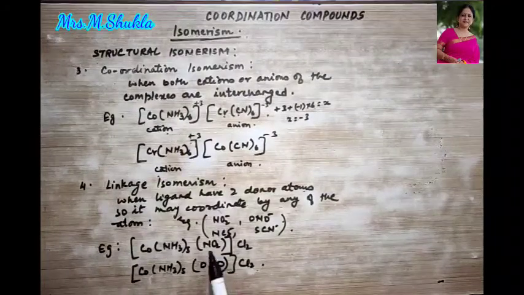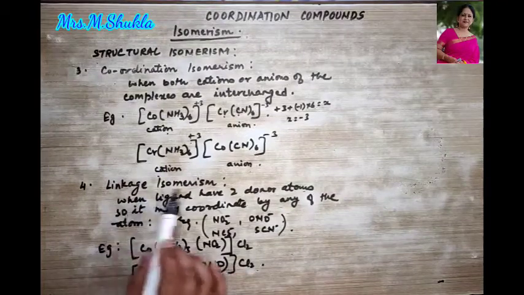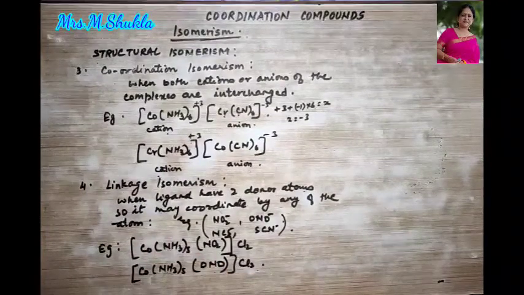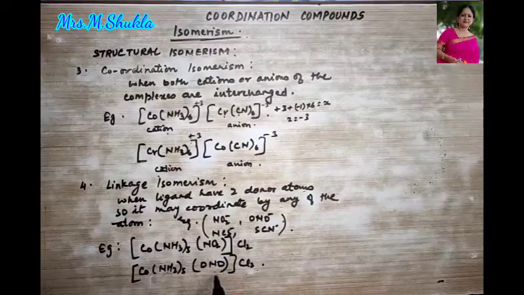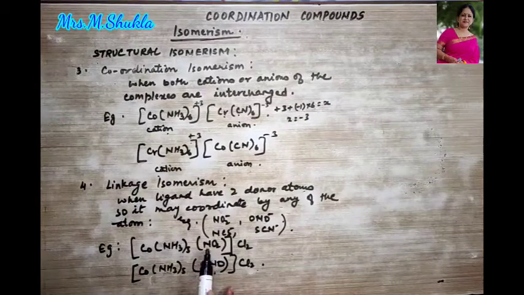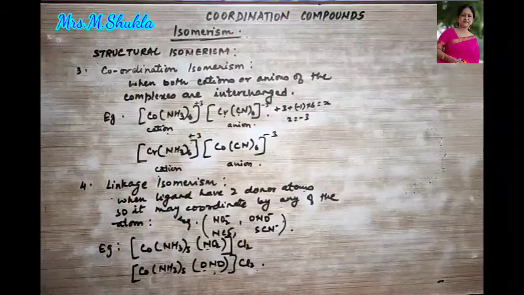Okay, so over here you can see they are ambidentate ligands and therefore they form the linkage isomerism. If you see over here, the donor atoms, they are different. Here it is N, here it is O. Followed? So this shows linkage isomerism.